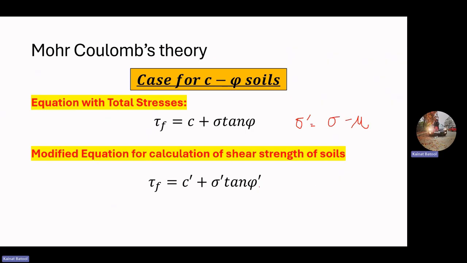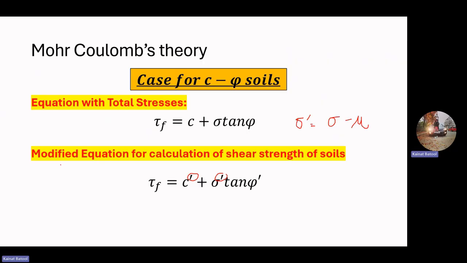When we are specifically seeing how much load the soil solids are carrying and not the voids filled with water, then we are taking the dash values for the cohesion, for your sigma and your phi value. When you are canceling out the effect of pore water pressures, then you are using the effective stresses.